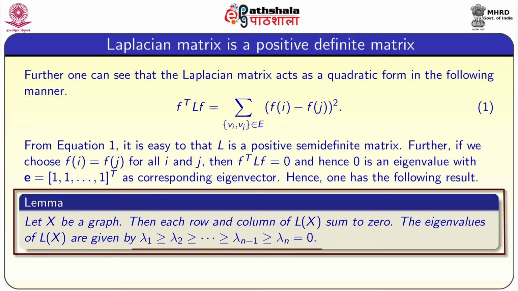Not only that, because L is a positive semi-definite matrix, it has 0 as its smallest eigenvalue, and all other eigenvalues are greater than or equal to 0.